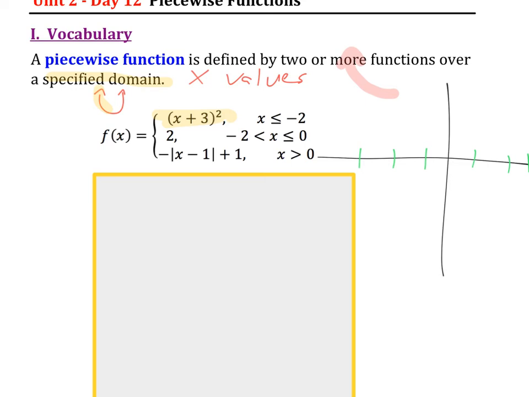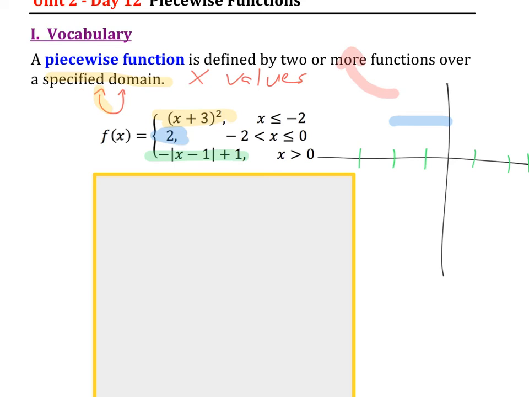Who knows? And then we have a constant value of 2 when our x values, so right here, are between -2 and 0, sorry. So that's going to be just a constant value of 2. So that might look something like that. And then lastly, we have an absolute value function, and that takes place when my x values are bigger than 0, so everything to the right of 0 here.